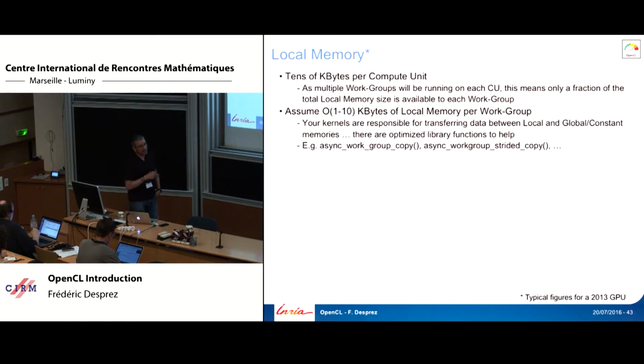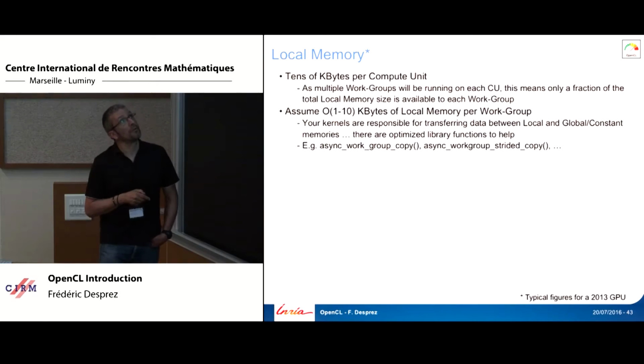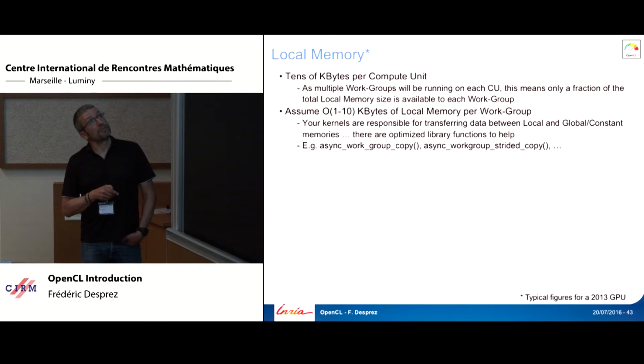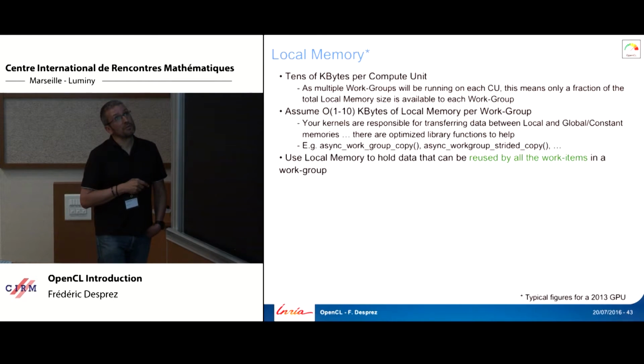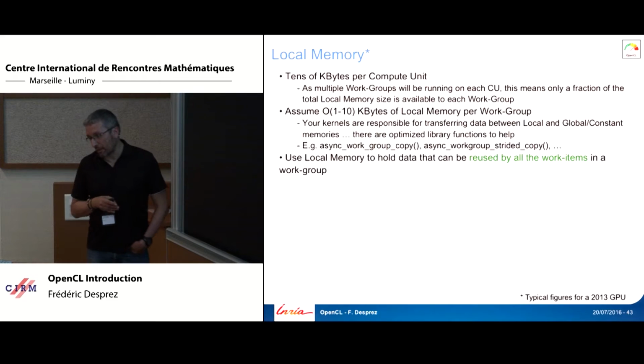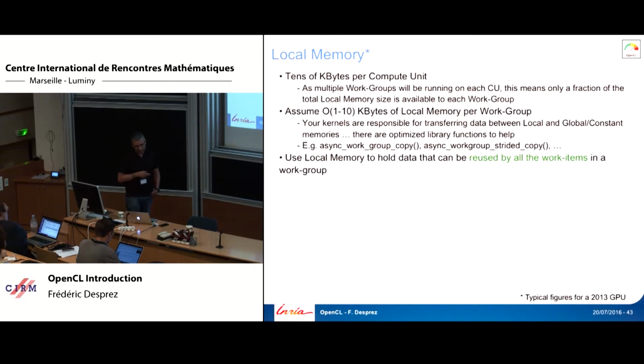And the kernel, as I said, is always responsible for managing this memory and the data movements between each memory. So you can have a function for copying data, in a synchronous or asynchronous way. Usually the local memory is used for data that are used quite a lot. It acts as a cache of data that will be shared by all the work items in a work group.